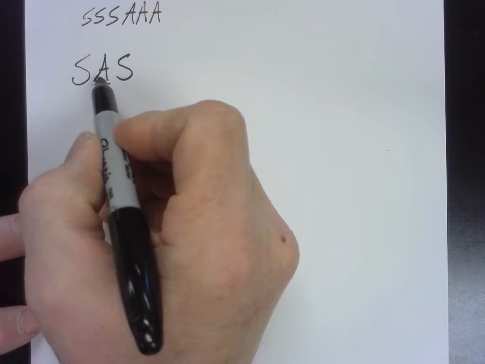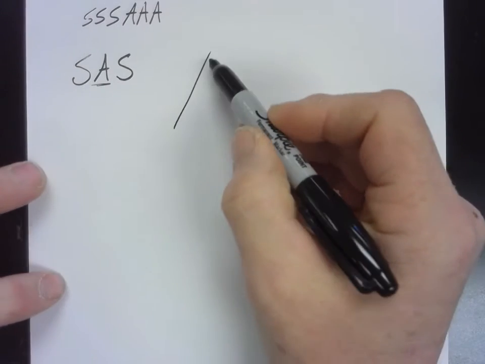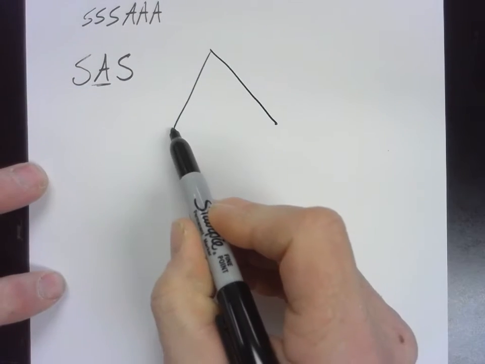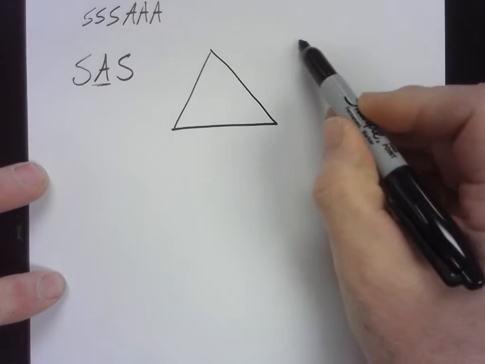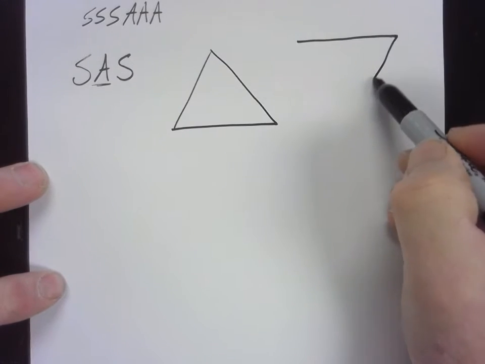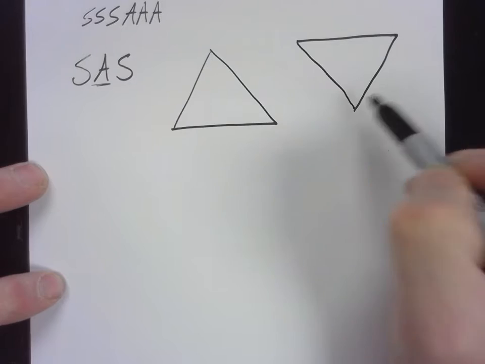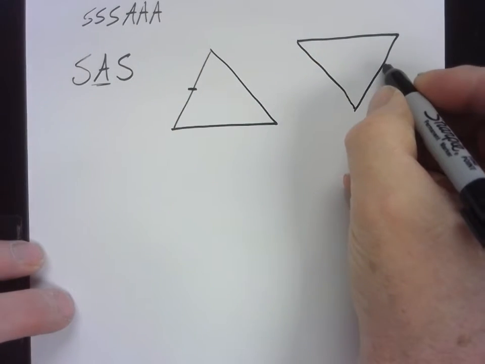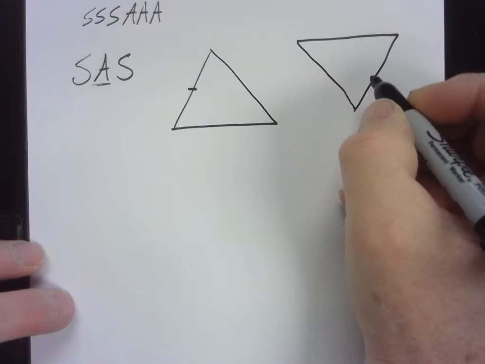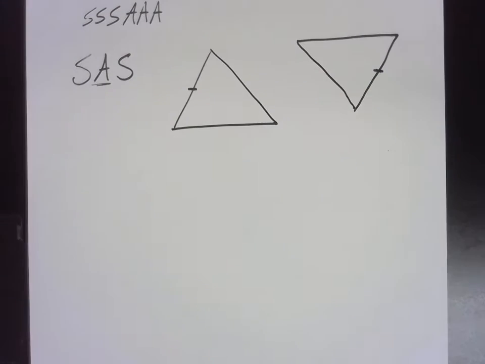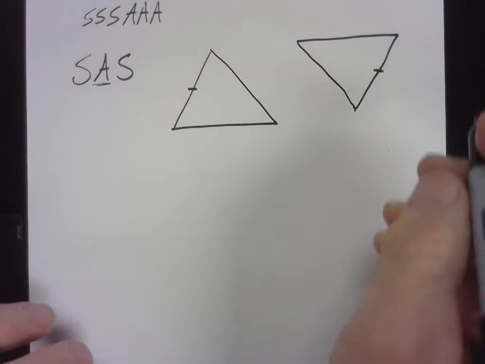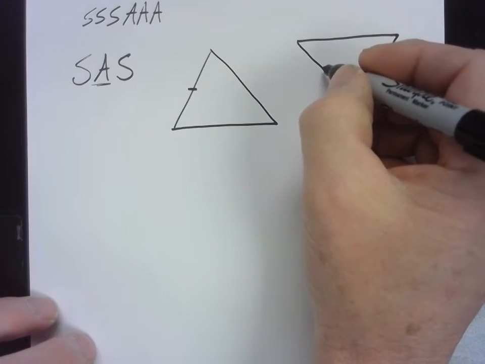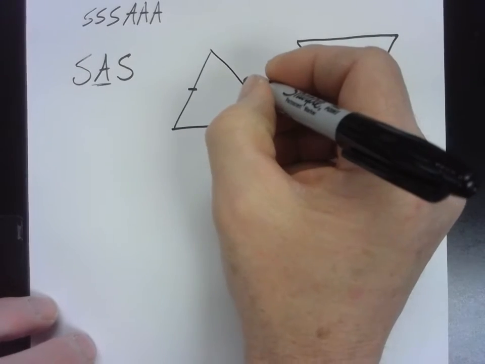Okay, so let's say we've got a couple of triangles. And I'll draw one upside down just because I can. Let's say I tell you that these two sides are congruent, and these two sides are congruent.